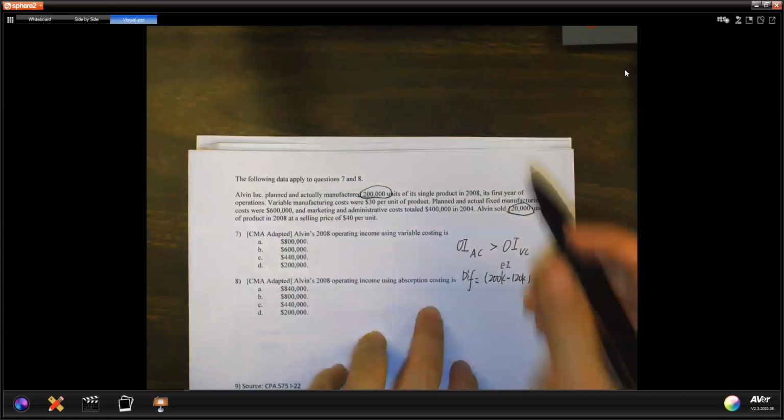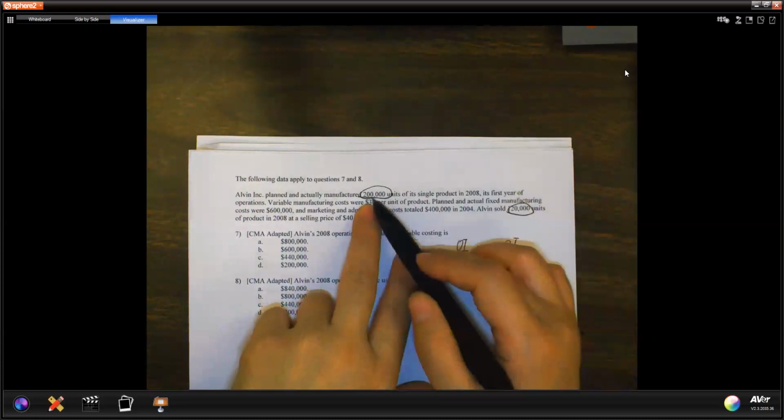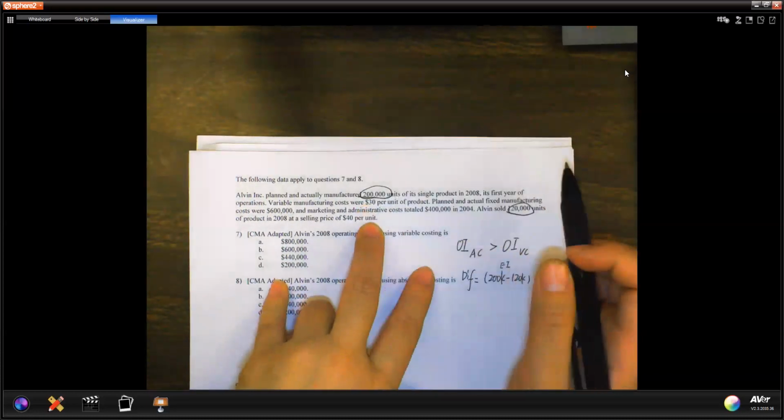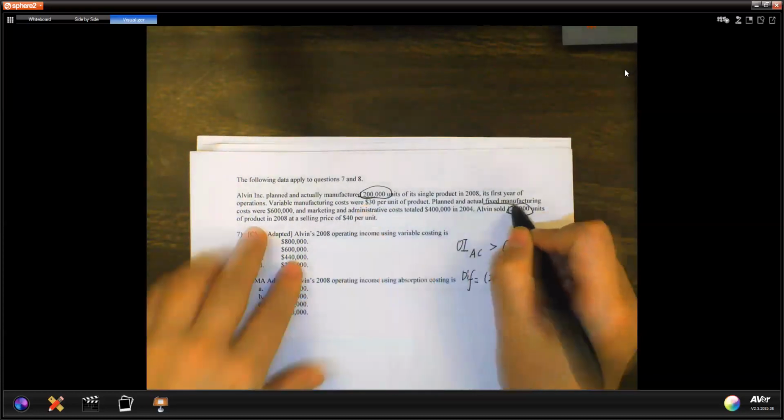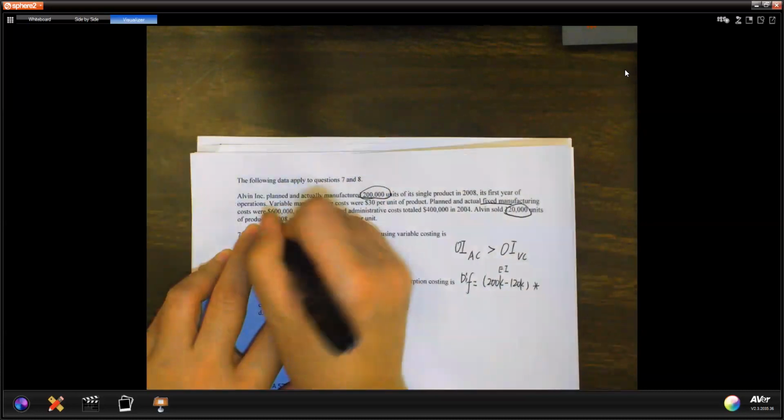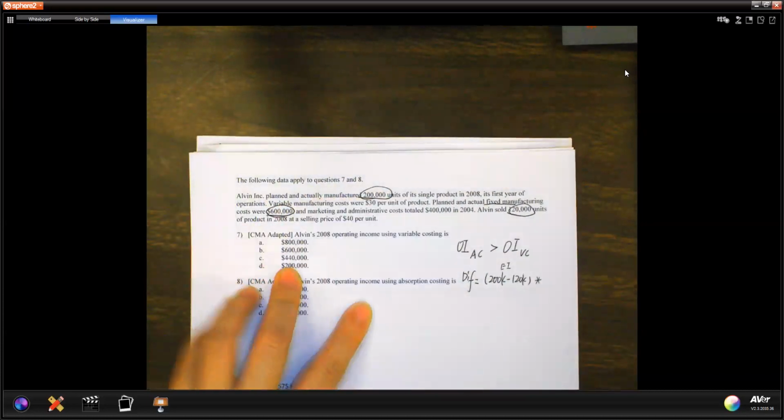And each one, what is our allocated fixed manufacturing cost? We said you produced 200,000 and you spent the fixed manufacturing cost as 600,000. So your allocated fixed manufacturing cost will be 600,000 divided by 200,000. So each one you allocated $3.